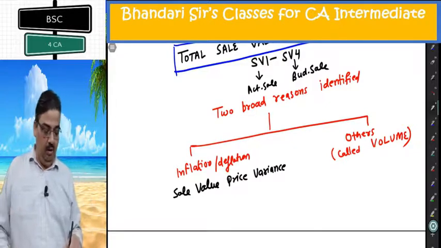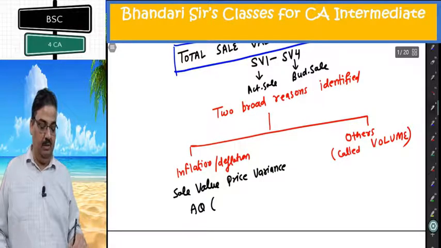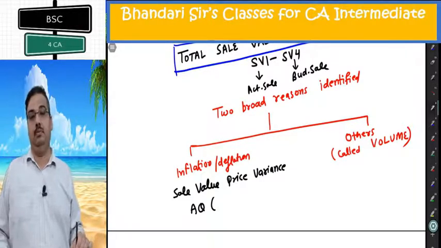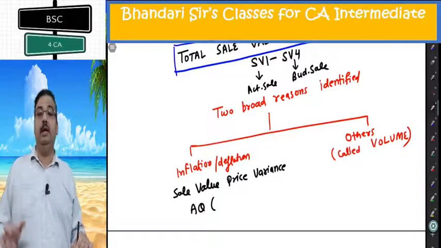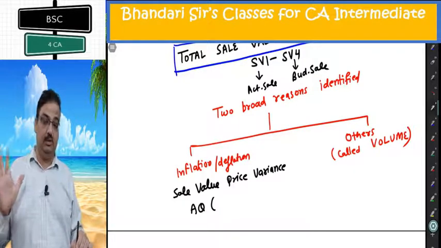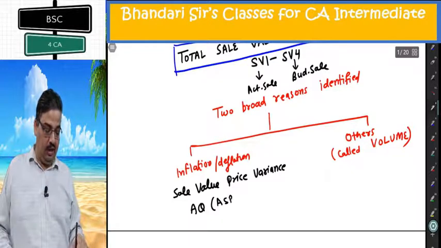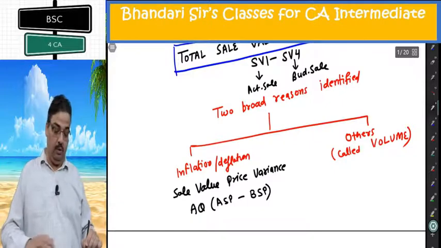We are simply saying on actual quantity there must be difference in the prices. Actual selling price minus budgeted selling price or standard selling price, whatever you call it.